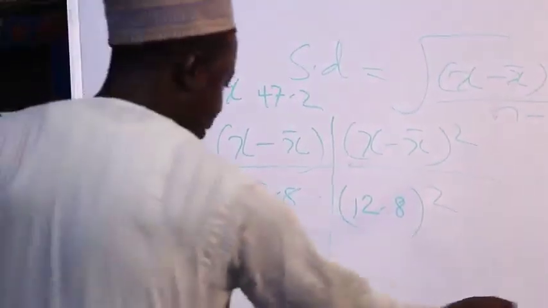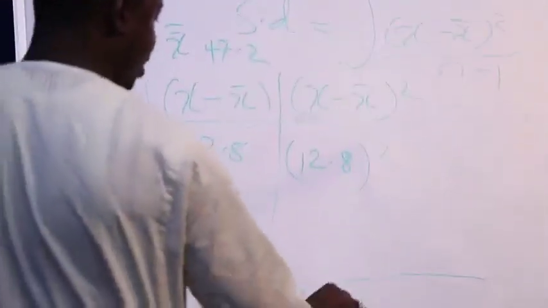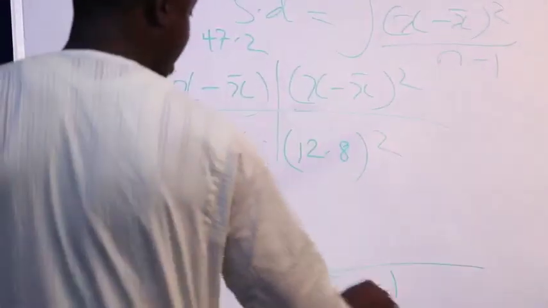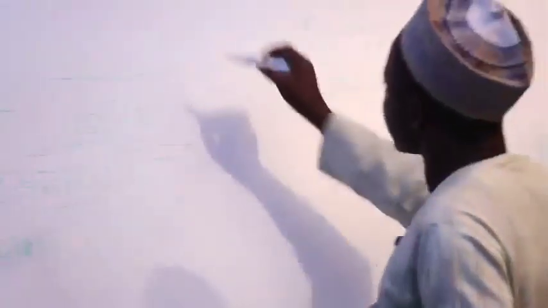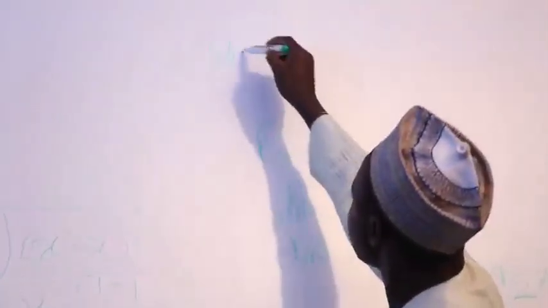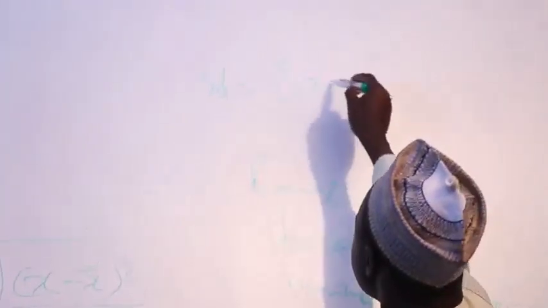Then we come here and get the summation of this x minus x bar squared. We get the total summation. The way we get this summation, we input it into this formula. Standard deviation is equal to the root of the summation of x minus x bar all squared over n minus 1. And then we get our standard deviation.